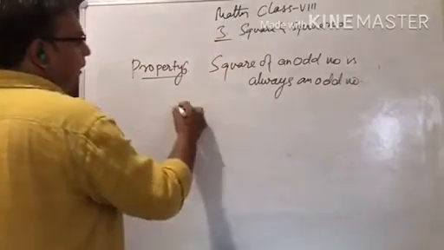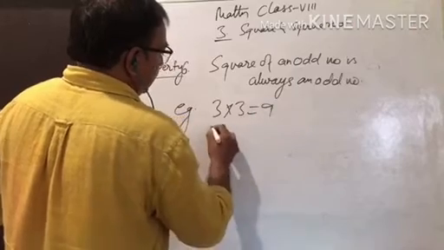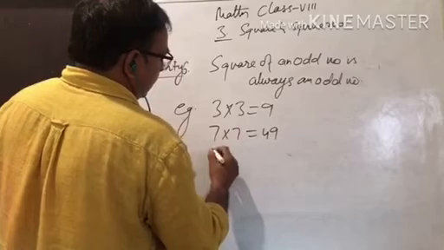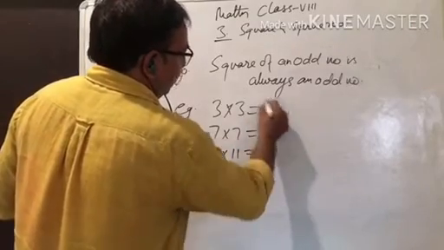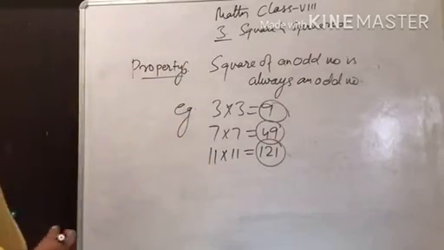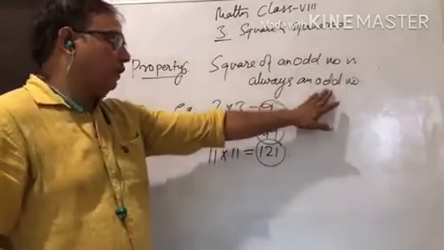See the example: 3 times 3 is 9, 7 times 7 is 49, 11 times 11 is 121. All three numbers are odd. So the square of an odd number is always an odd number.